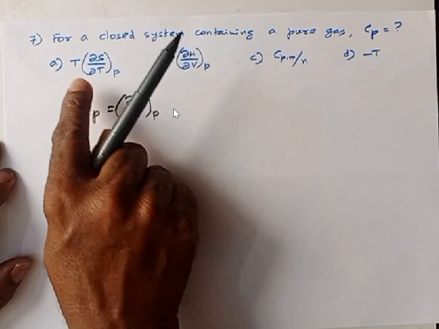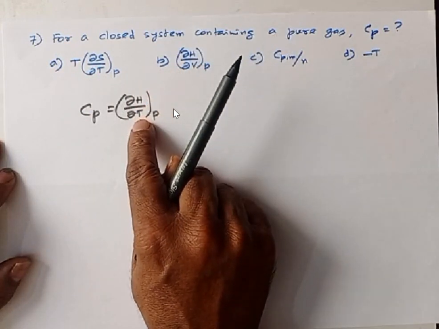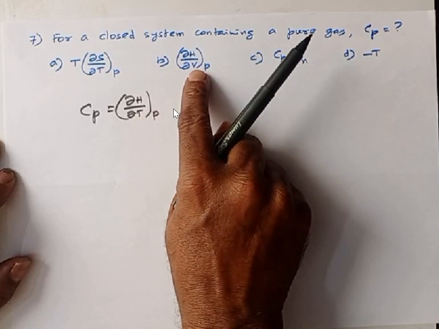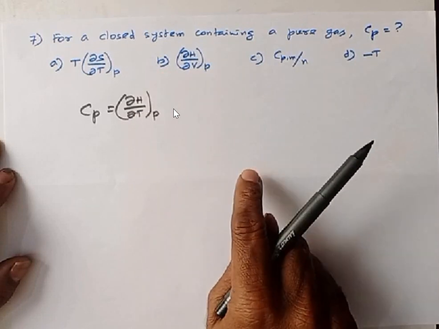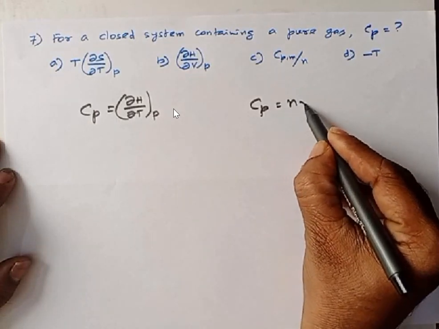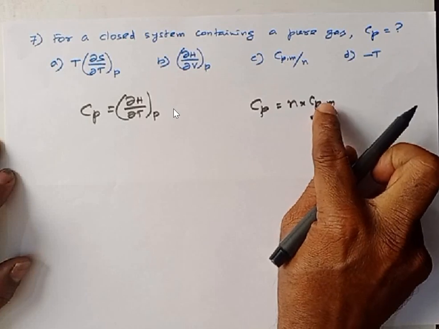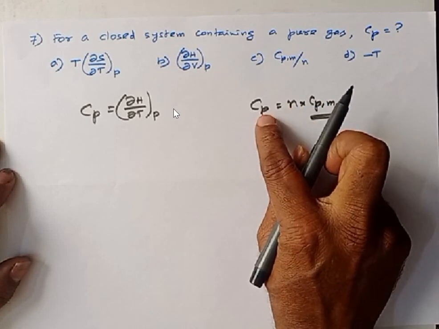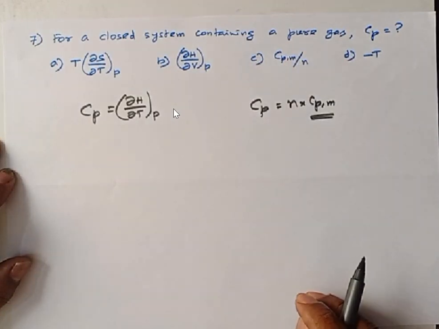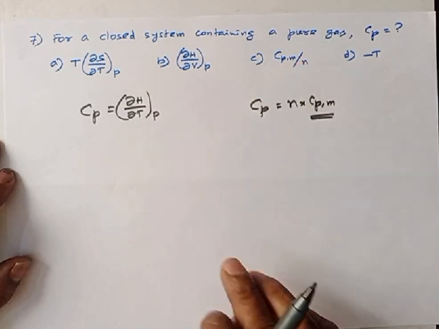In option A, I don't have dou H, but in option B, I have dou H; however dou H by dou T should be there, but dou H by dou V is there. So option B is wrong. Cp is actually N into Cpm. This is the heat capacity for 1 mole. If you multiply this by the number of moles, you will get the heat capacity for N moles. Cpm by N is not equal to Cp, that is wrong.